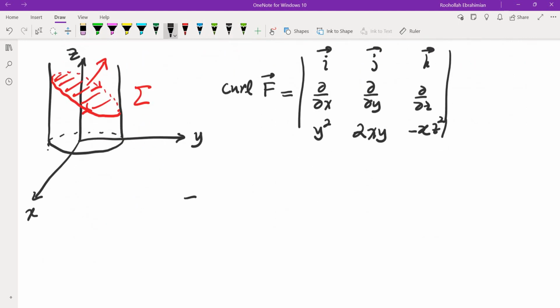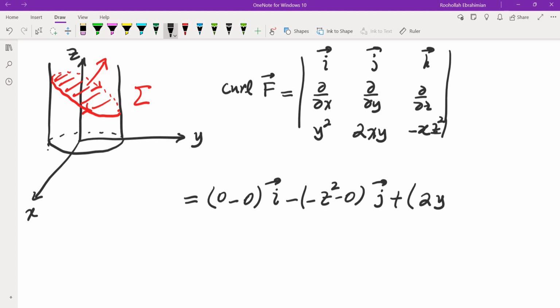We evaluate this. The first one, the derivative with respect to y, we get 0, minus the derivative with respect to z, we also get 0, i. Then minus, eliminating the second column, we get minus z squared minus 0, j. Eliminating the third column, we get 2y minus 2y, k. So this is going to be z squared j. So this is our curl.